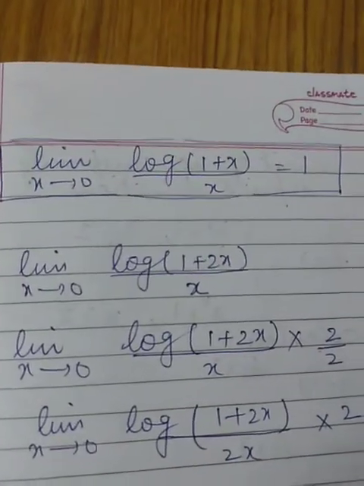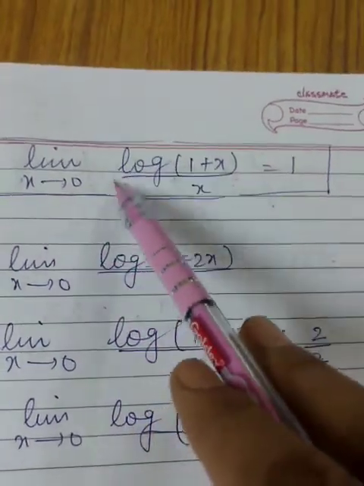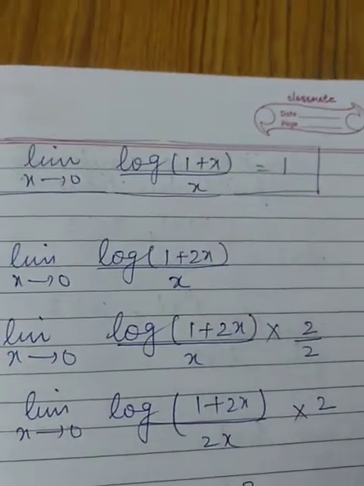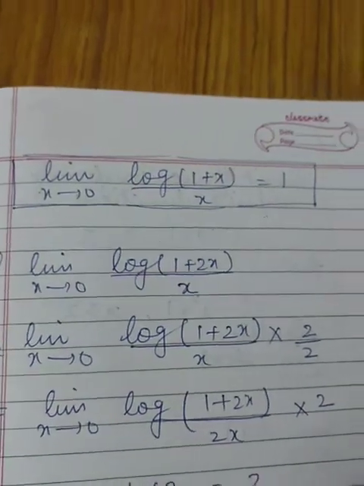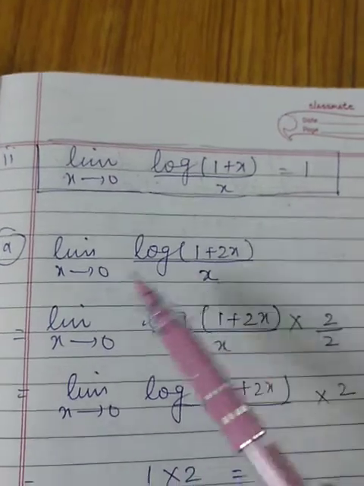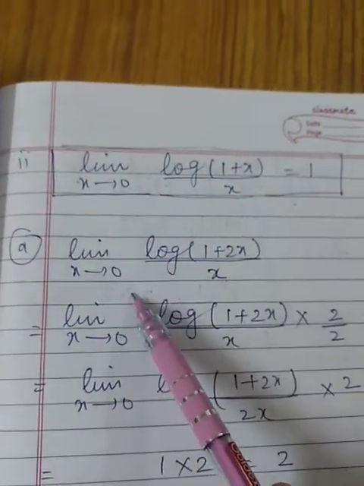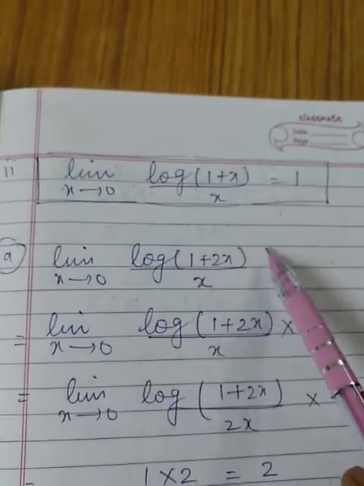Then one more limit: x tending to 0 of log(1 plus x) upon x is 1. We have the same concept: whatever we have here, we have in the denominator. Now see, this is the question. Example 1: limit x tending to 0 of log(1 plus 2x) upon x.